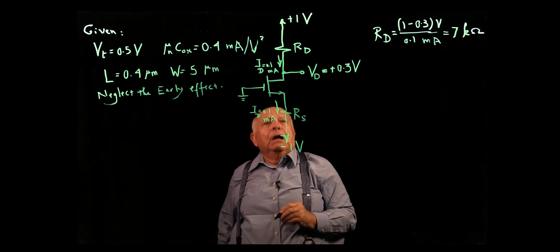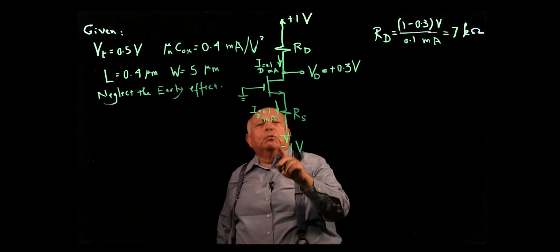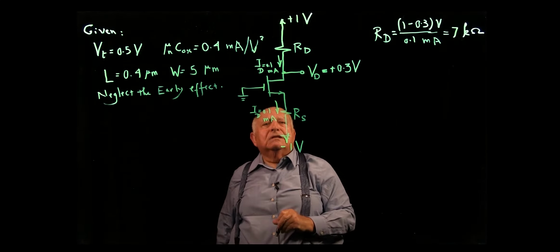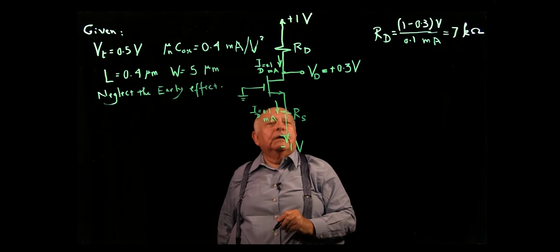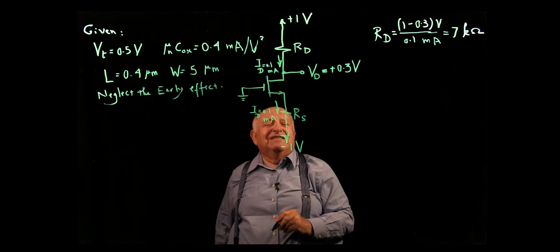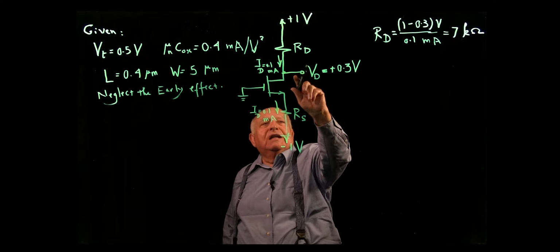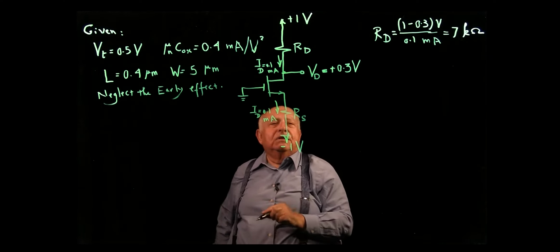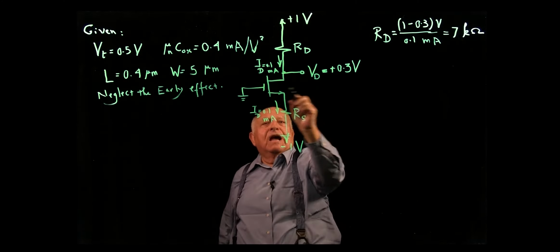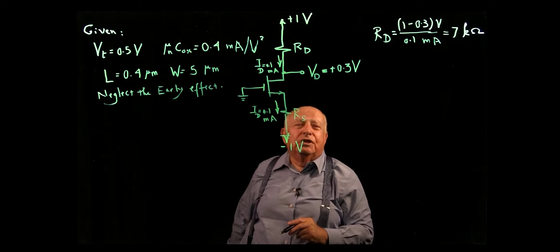Now, before we proceed any further, we ask, in which mode is this transistor operating? And the answer is it's operating in the saturation mode. How do I know that? Well, the voltage at the drain is plus 0.3 volts. At the gate is 0 volts. So the drain is higher than the gate by 0.3 volts.